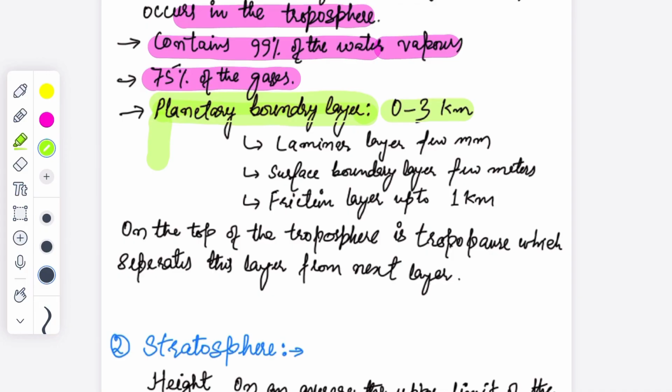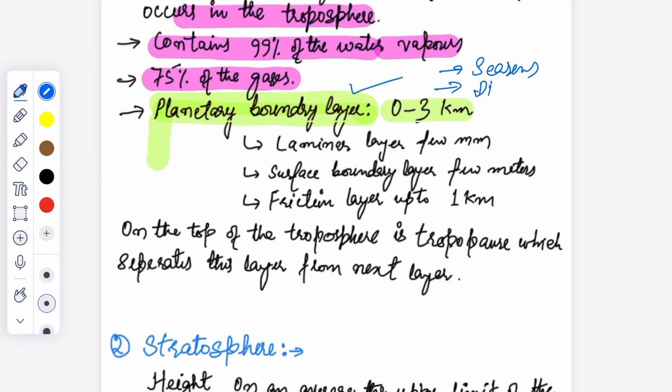Its extent varies with seasons, and varies with the changing day and night, that is diurnal variation, and then the spatial.